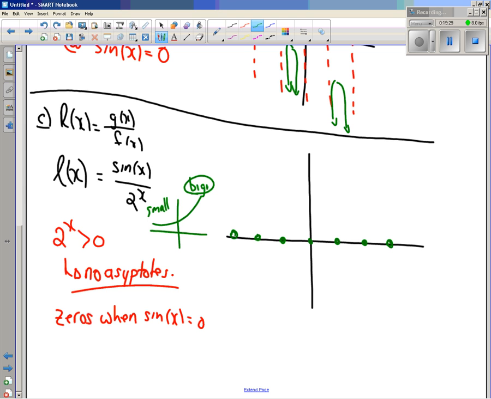Okay? And we know that for a sine curve, it goes positive, negative, positive. So in this interval, our sine curve is positive. In this one, it's negative. This one, it's positive, and it'll alternate all the way across. Okay. And because it's getting divided by a number that gets bigger as we move to the right, the size of the wave is going to get smaller as we move to the right.